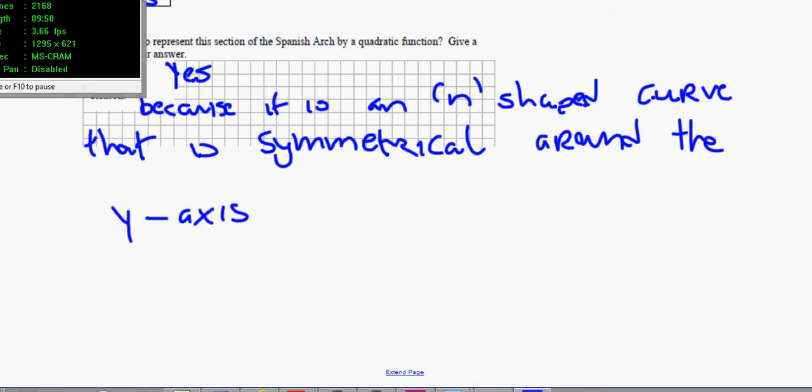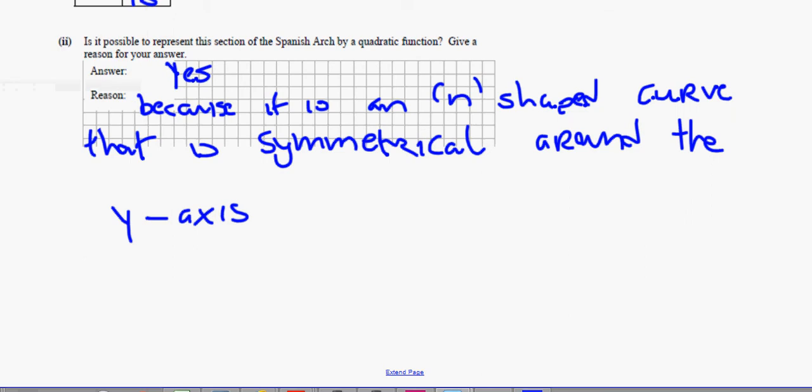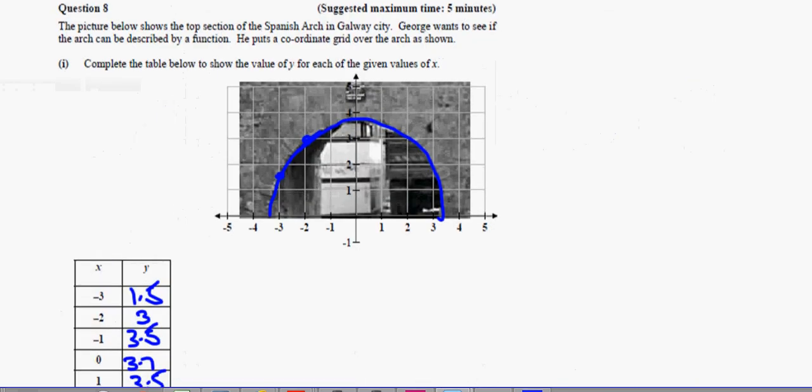So basically, if you go to the top and you can see the y-axis is here, when you draw a line through the y-axis, it cuts the blue curve in half, and that's why we know it's symmetrical, because it's the same in both directions. Okay, so this is symmetry here. The same distance in both directions.